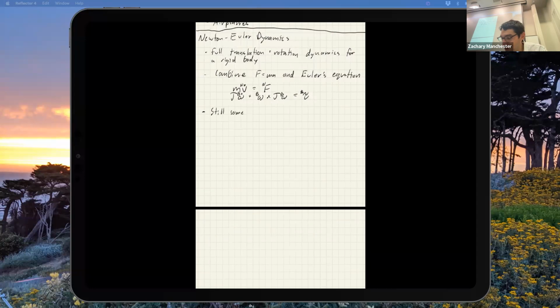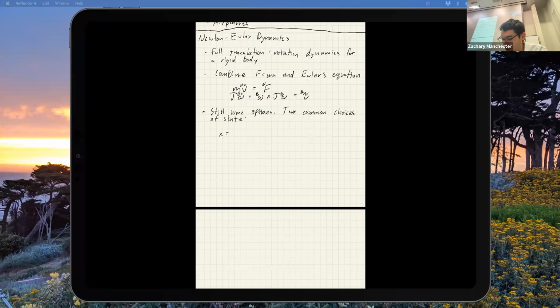There are some options here, to put it mildly. The two most common things you'll see, and you have to be really careful because they won't tell you explicitly, are the state vector stacked up in either of these ways.